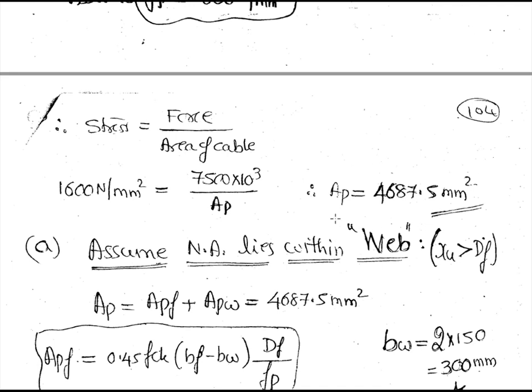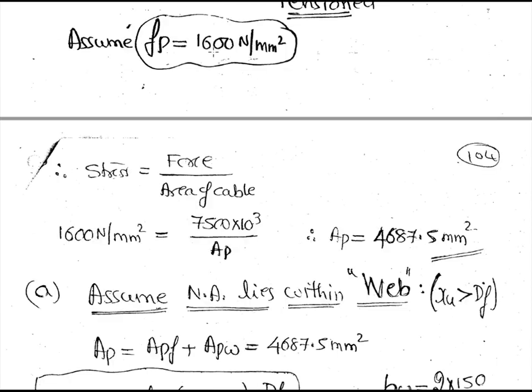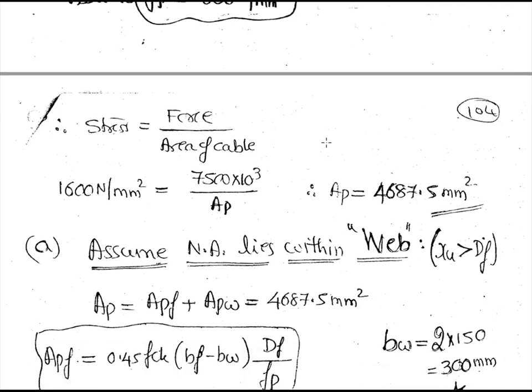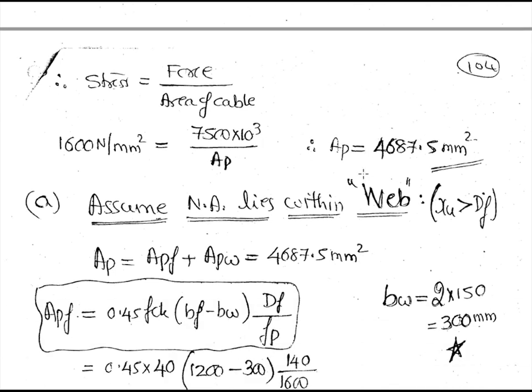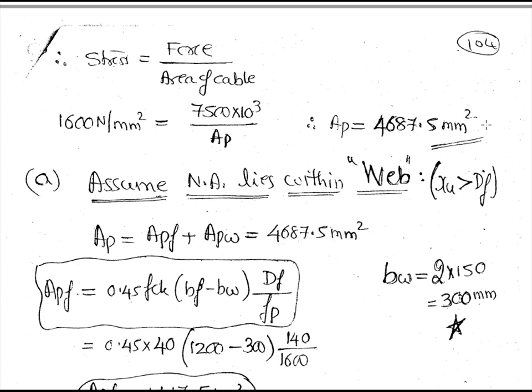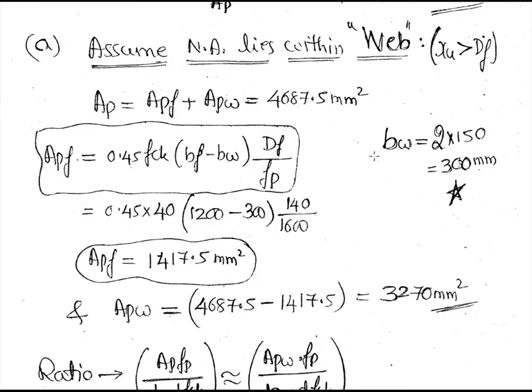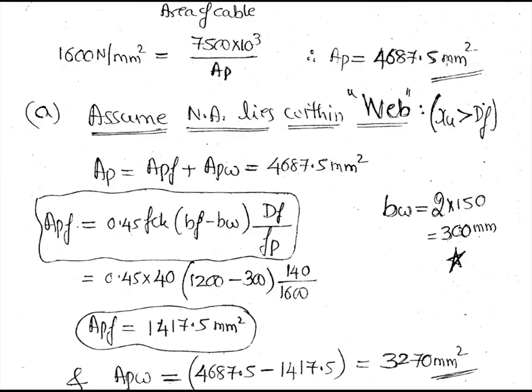So in case where the area of cable is not given, we can assume some value of Fp. Usually it is assumed as 1600 Newton per mm square. Assume ಮಾಡಿದಾಗ ಏನು ಬರುತ್ತೆ, AP ವ್ಯಾಲ್ಯೂ ಬರುತ್ತೆ. AP ಏನಿದು, this is the area of steel or area of cable per web. Okay, na? So total area of steel required in the beam.